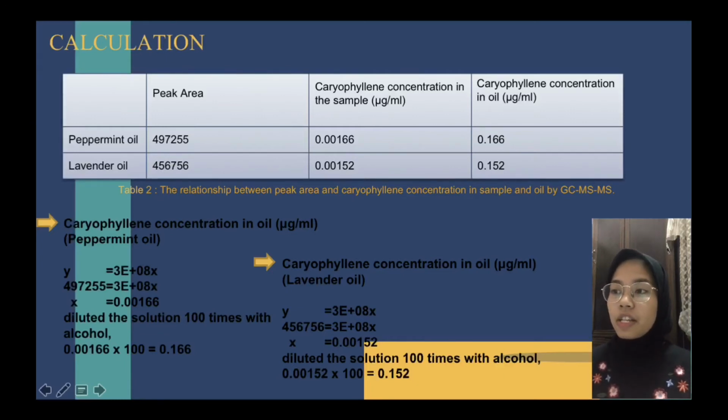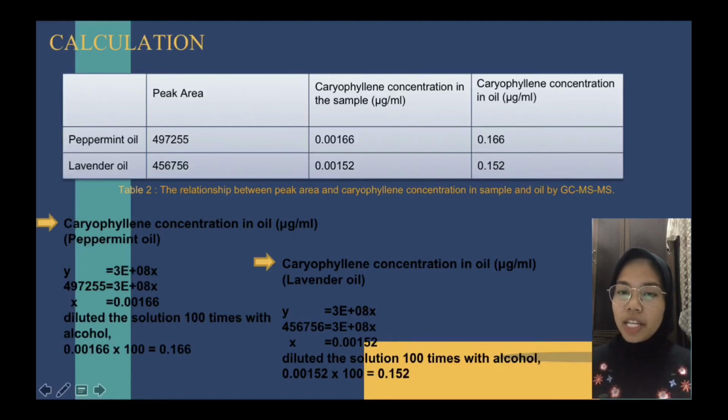For the caryophyllene concentration in lavender oil, we use the same steps as for peppermint oil. For lavender oil, y equal to 3 exponent 8 x. We substitute the peak area, which is 456,756.